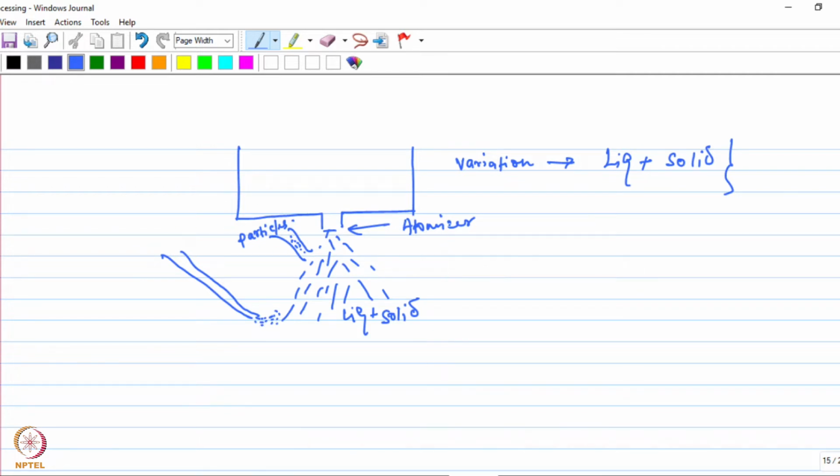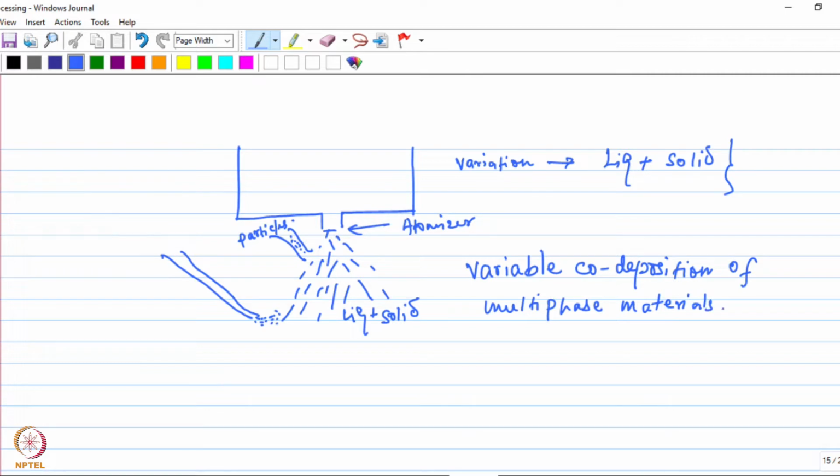Okay, so this is a process known as variable co-deposition of multi-phase materials, or VCM in short.